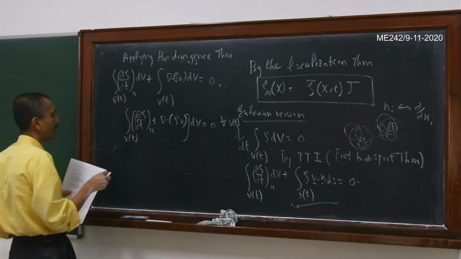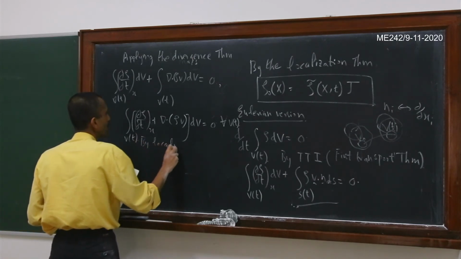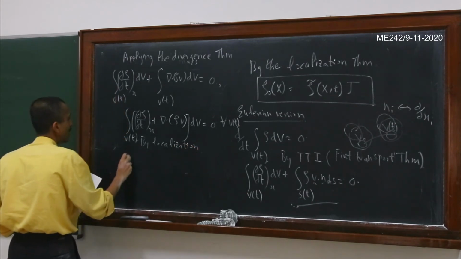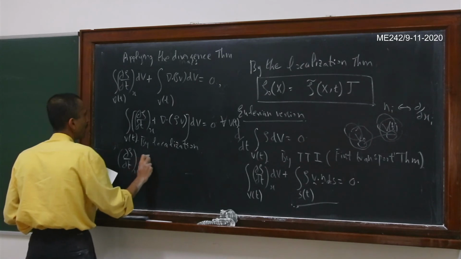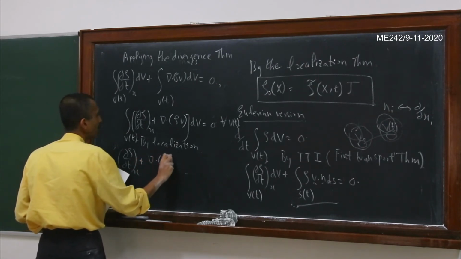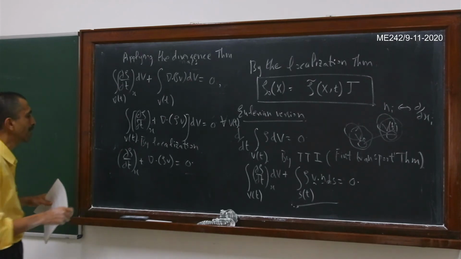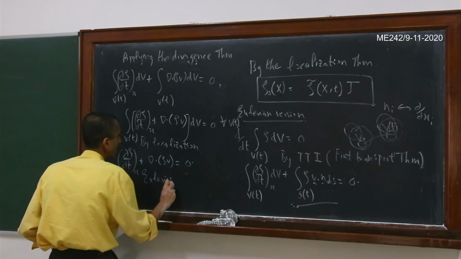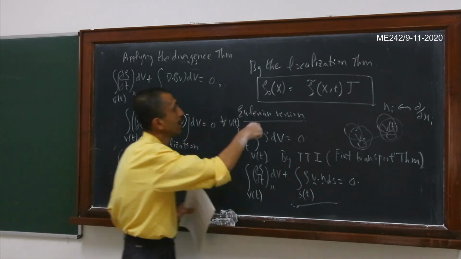So by localization, I will get that del rho by del t, keeping x fixed, plus del dot rho v is equal to 0. This is the Eulerian form of the mass conservation equation. The previous one was the Lagrangian version.